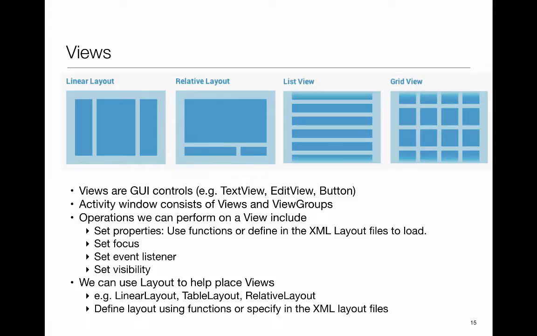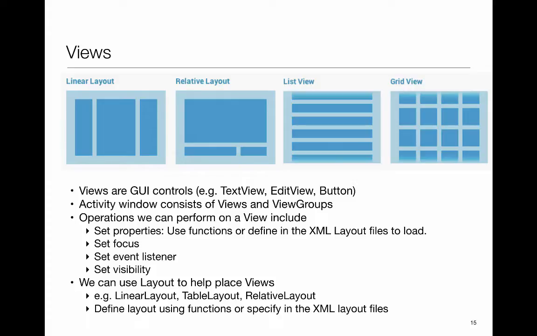So you can perform a set of operations on a view, including setting properties, setting focus, and setting event listeners. This is important, as you know, Android and all these operating systems for mobile embedded devices are sort of event-driven systems.